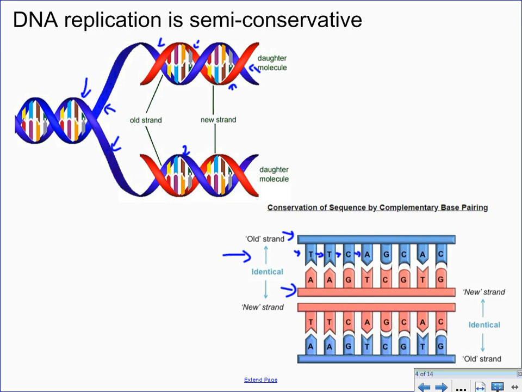And the other strand will be built in the same way. So the base sequence on that other old strand will determine the sequence of DNA to be built on that new strand.